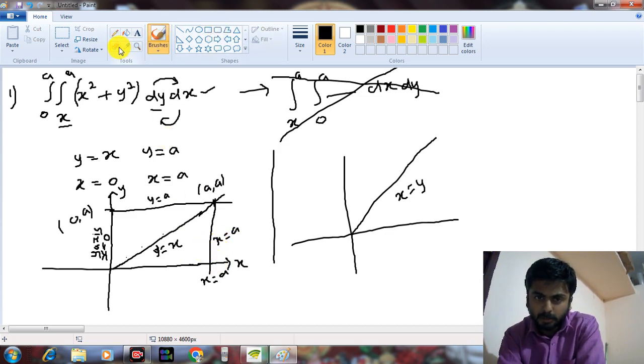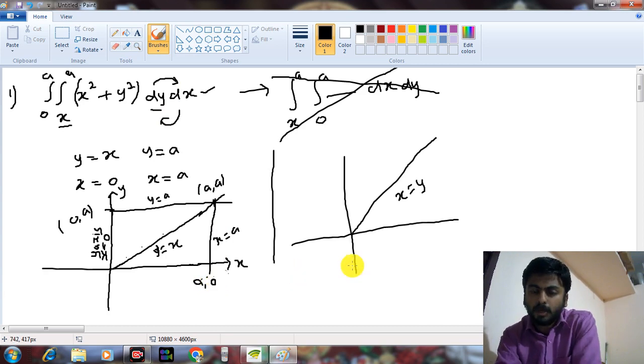This point is 0 comma a, and this point is a comma 0. Now I am going to draw all the lines here also. Where the difference comes is what we are going to discuss here.